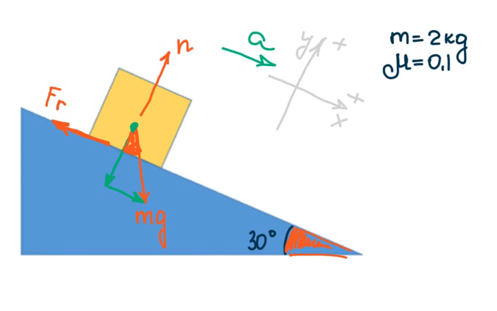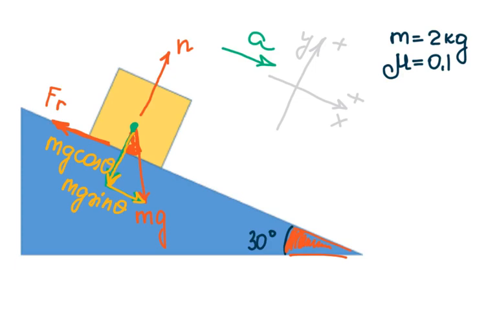Then the vertical part of the mg becomes mg cosine theta because it's adjacent to the angle, and the horizontal one, the x component, is mg sine theta because it is opposite of the angle.